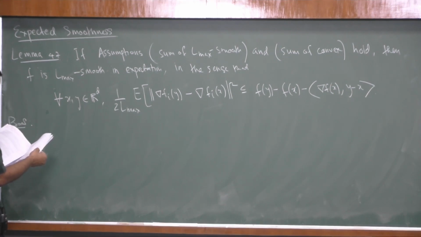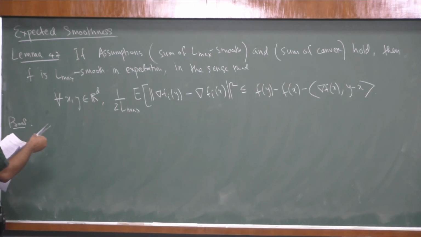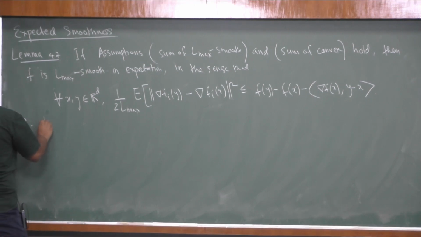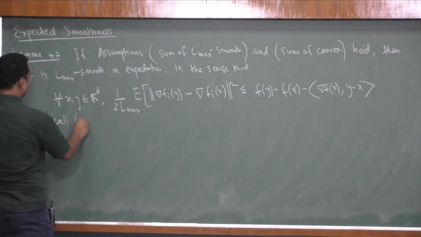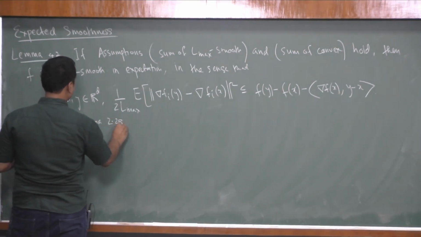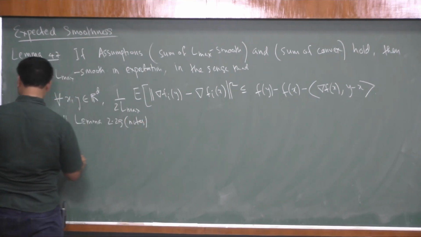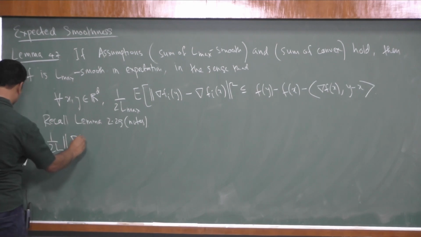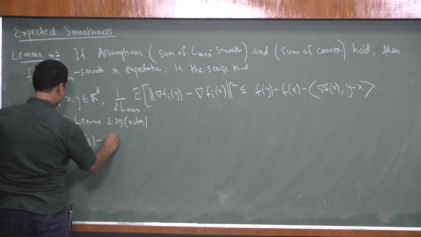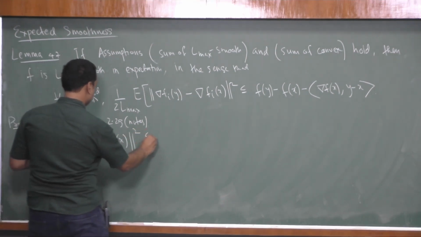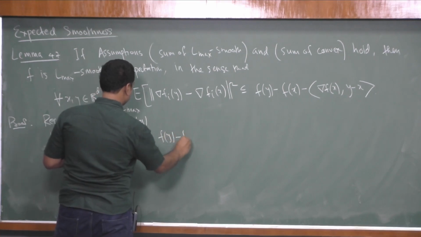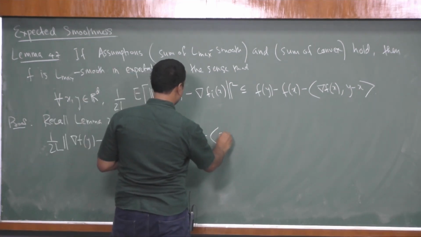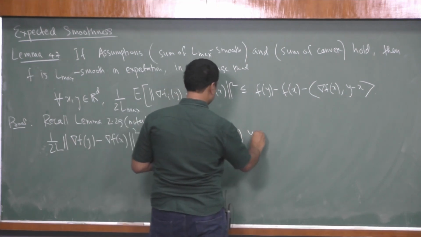So this was the usual result for L smooth and convex, right? So recall Lemma 2.29 in the notes, where we were given that 1 by 2L times norm grad f(y) minus grad f(x) squared is less than or equal to f(y) minus f(x) minus grad f(x) inner product y minus x.